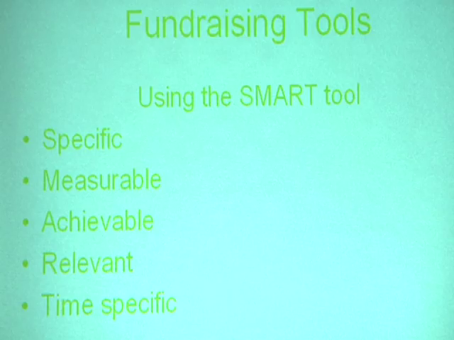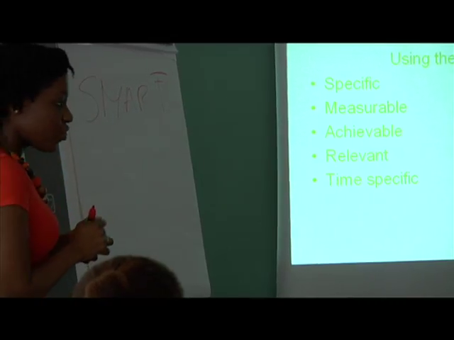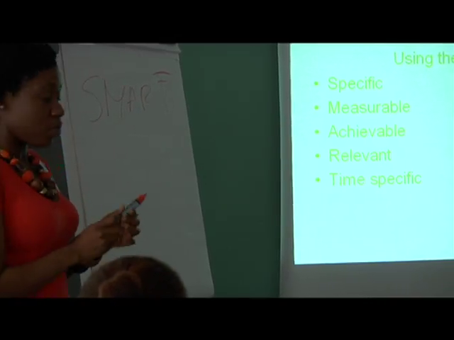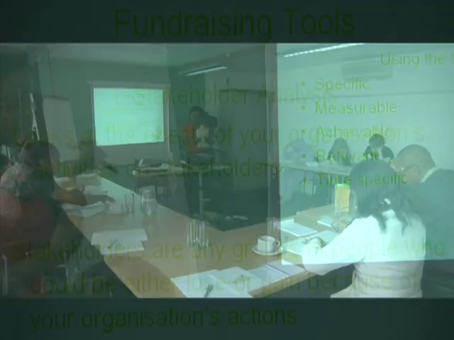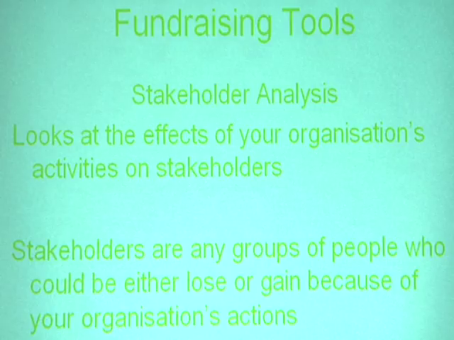Using the SMART tool: specific, measurable, achievable, relevant, and time specific. It's really important that you use this, I feel, for each of your objectives. Stakeholders are any group of people who could either lose or gain because of your organization's activities.